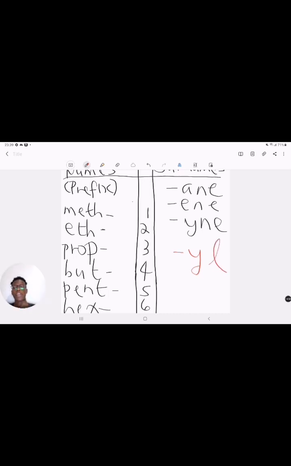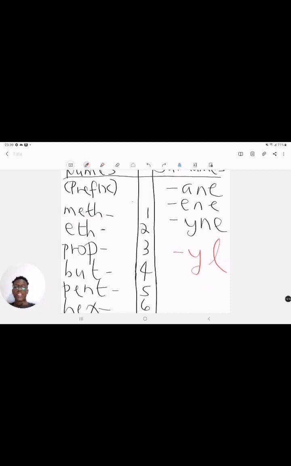So remember I spoke about a name and a surname in previous videos. The name is still the left column. The surname is -yl. So if you're looking at alkyl groups, the last part of the name is going to be -yl. The first part of the name is going to be meth, for example.